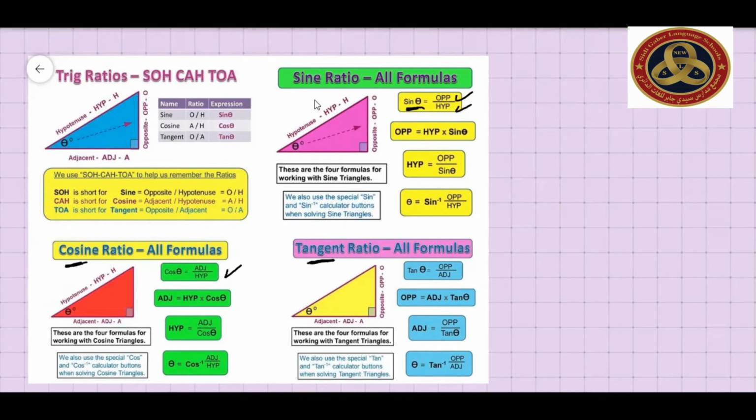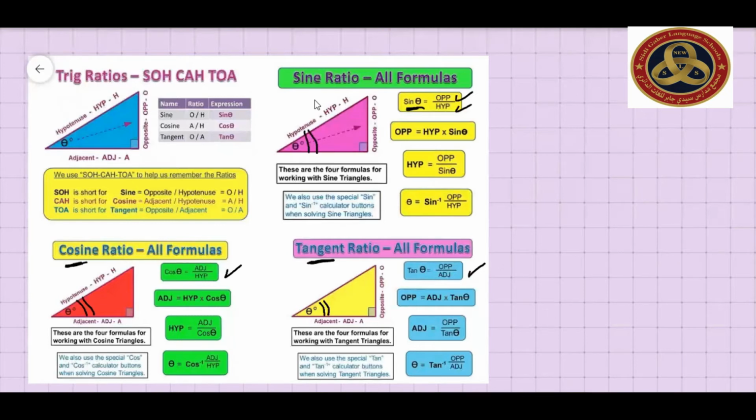And the tangent, which is the tan, equals opposite over adjacent. This is tan theta. Theta is the name of the angle. Theta is a Latin letter, like X and Y. So sine theta is opposite over hypotenuse, cosine theta is adjacent over hypotenuse, and tan theta is opposite over adjacent. These three rules are our lesson today.